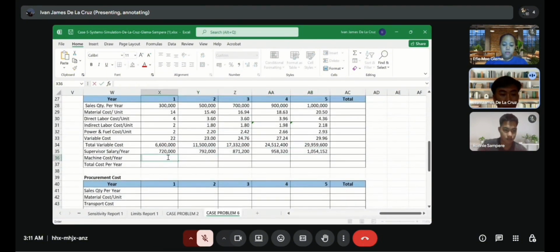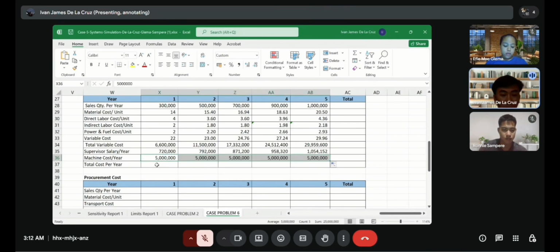Then for the machine cost per year, 5 million. The total cost is the sum of total variable cost and machine cost. Now we can drag it.